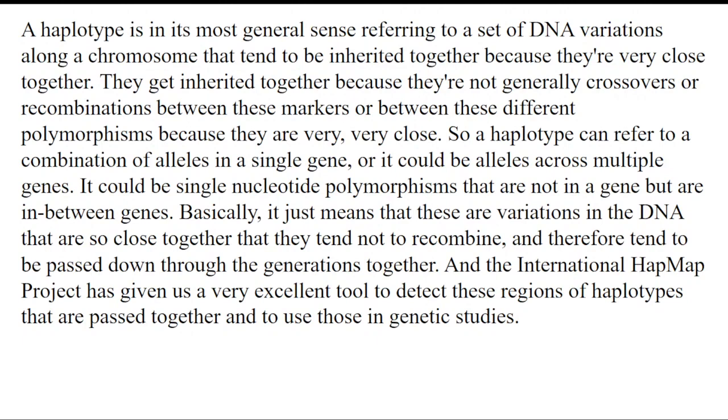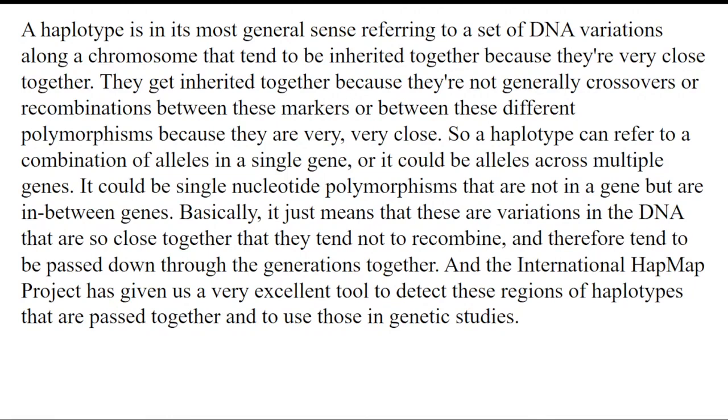So a haplotype can refer to a combination of alleles in a single gene, or it could be alleles across multiple genes. It could be single nucleotide polymorphisms that are not in a gene, but are in between genes.